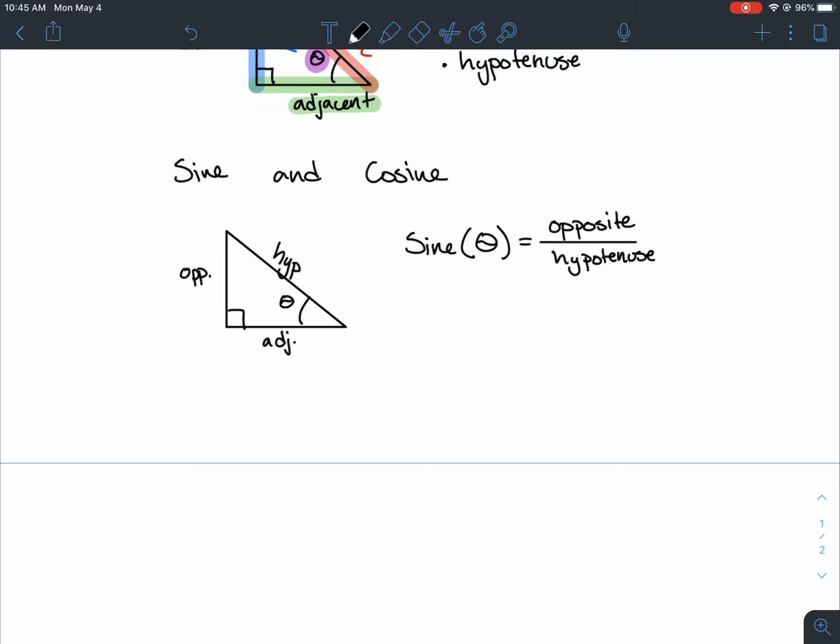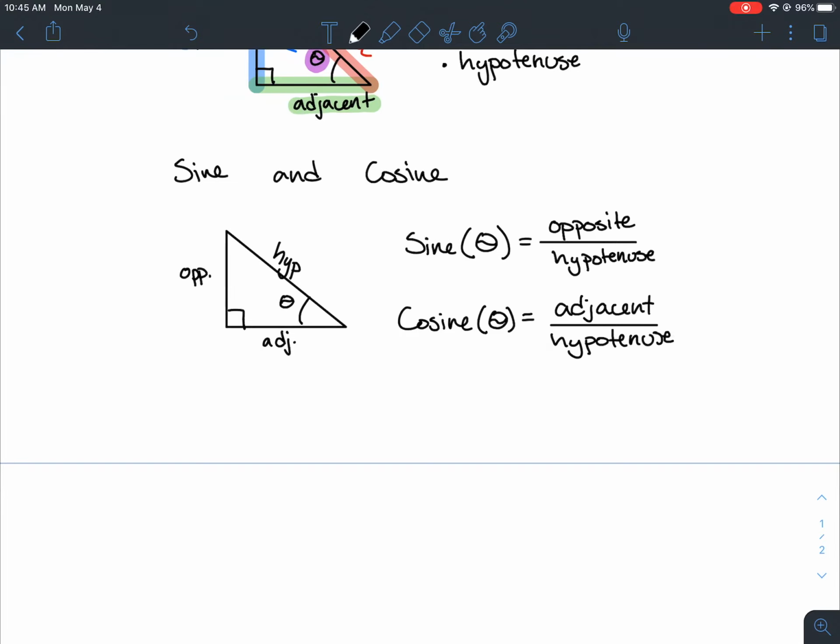So the ratio of the opposite over the hypotenuse is dealing with sine, and that's going to give us this very specific reference angle. Our cosine of that same reference angle is going to give us the adjacent side over the hypotenuse.